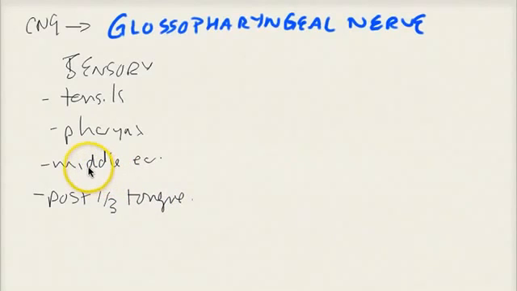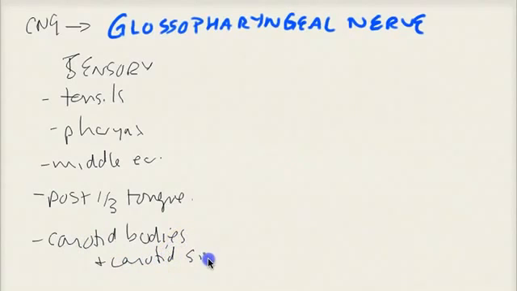It receives visceral sensory fibers from the carotid bodies and the carotid sinus. It supplies parasympathetic fibers to the parotid gland via the otic ganglion.